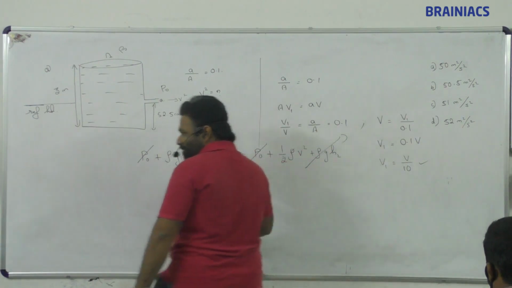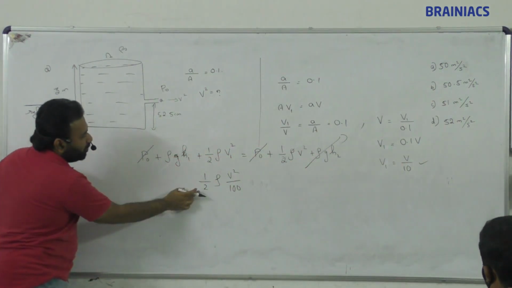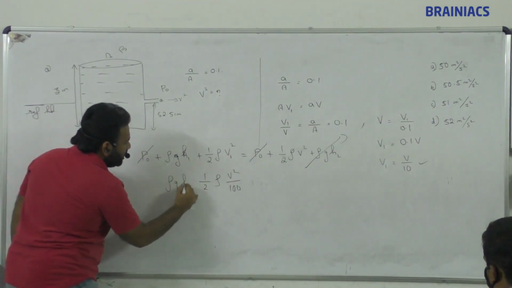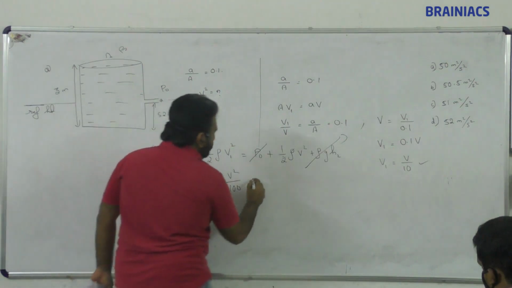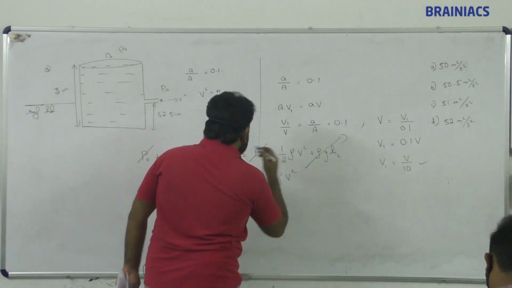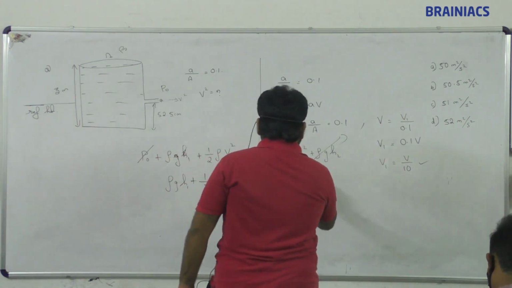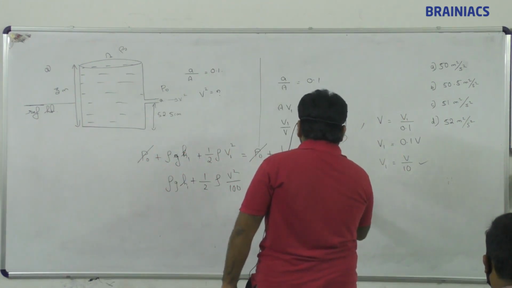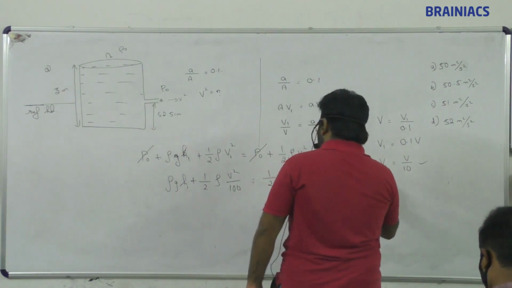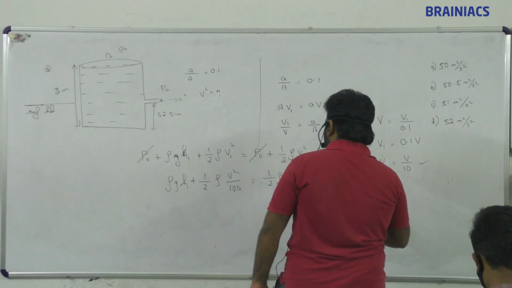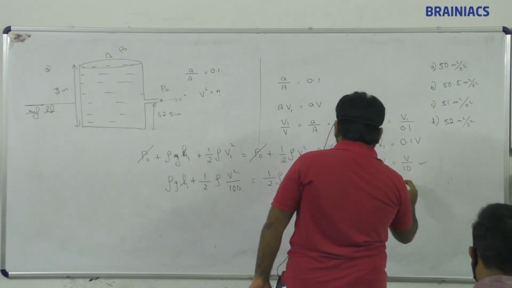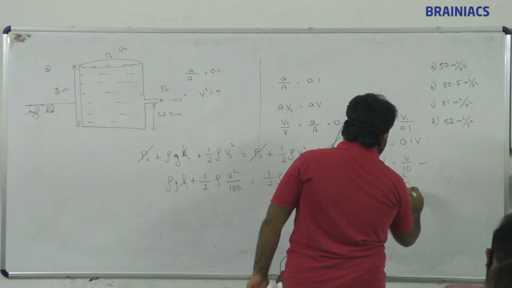So half rho V square by 100 plus rho G H1 is equal to half rho V square. So rho G H1 is equal to half rho into V square minus V square by 100.